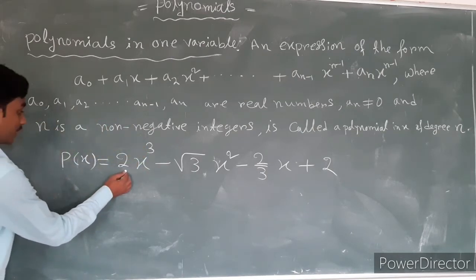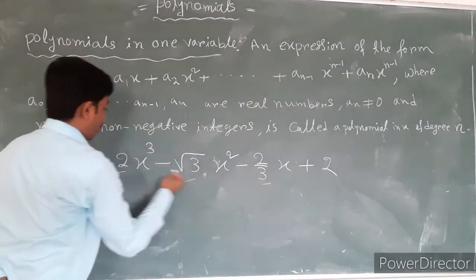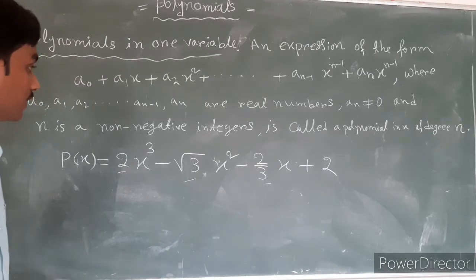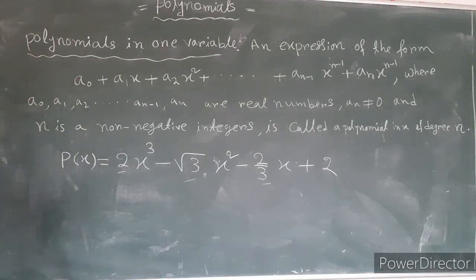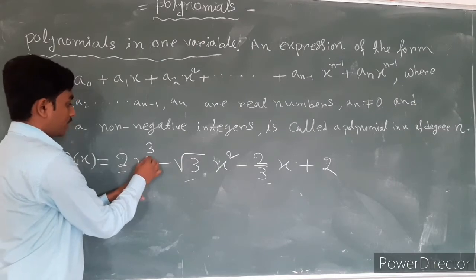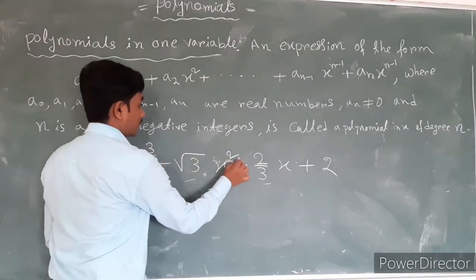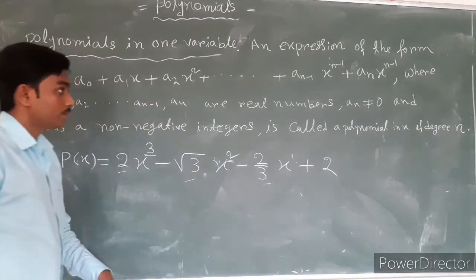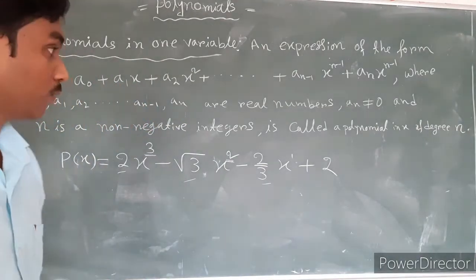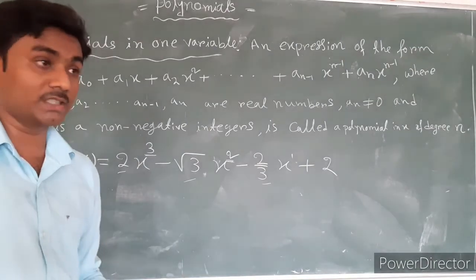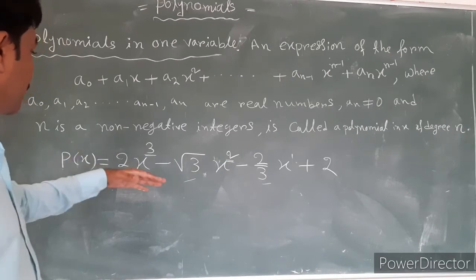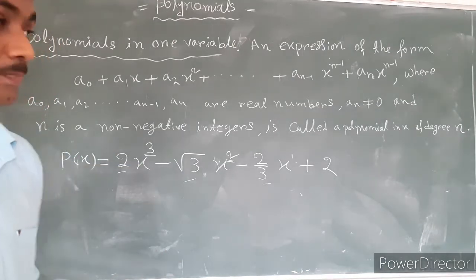So look at a0, a1, a2, all are real numbers. Real numbers means they contain rational values or irrational values, and look at the power of the variable: it is a non-negative integer. If the power of the variable is a negative integer, then it can never be a polynomial.